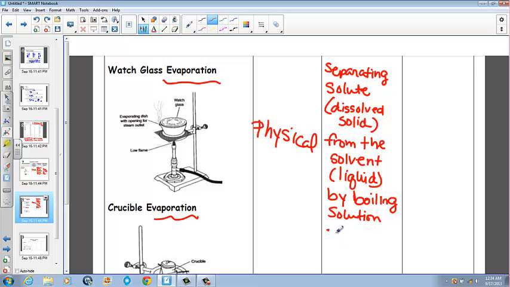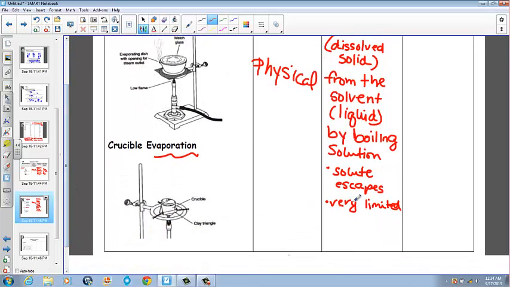What happens is the solute escapes, and the only downside to this is that you have very limited precision. A lot of the time you end up not getting all of the parts separated out.